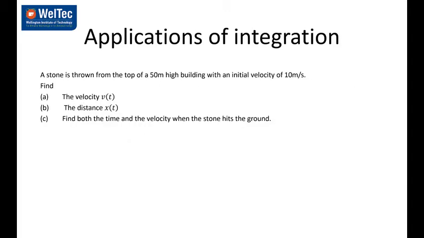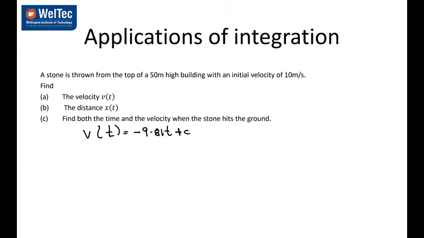Okay, from the previous question, we know that the velocity is going to be negative 9.81 t plus c.